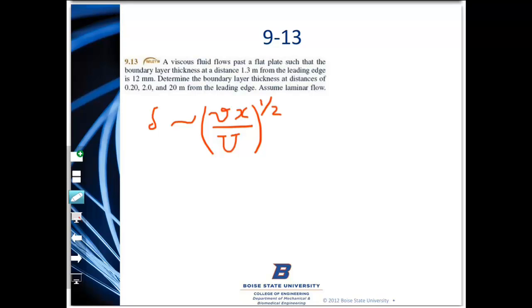Since we don't know the kinematic viscosity and the free stream velocity, and we know that those are constants, we can remove this constant of proportionality by putting a constant c and writing that delta is c times the square root of x. Okay? And now we need to determine this constant c.